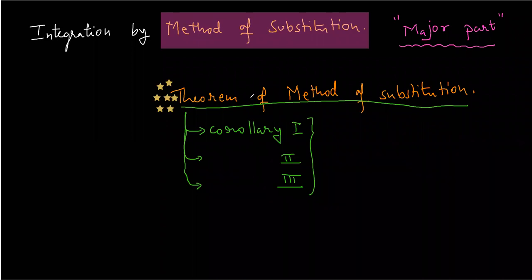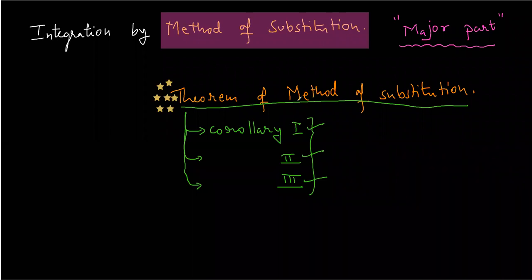So when we have proved the first theorem, that is the theorem of method of substitution, after proving this theorem we will have to write 1 or 2 extra steps to prove these theorems. Remember, these corollaries, which are sub-theorems, all originate from the main theorem.